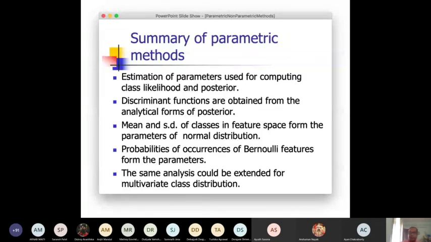So under the framework of discriminant function based classification, you can also map this problem. On the other hand, if I have a discriminant function based classification, I can provide some kind of Bayesian inference framework for it. Then the mean and standard deviation of classes in feature space form the parameters of the normal distribution that we discussed. Probabilities of occurrences of Bernoulli features also form the parameters, and the same analysis could be extended for multivariate class distributions.